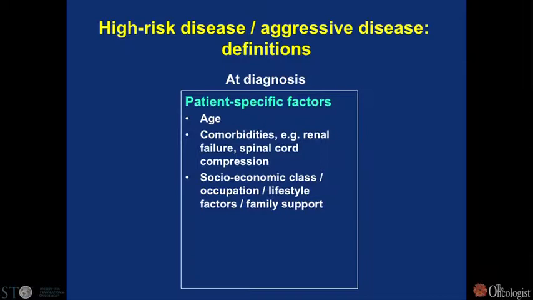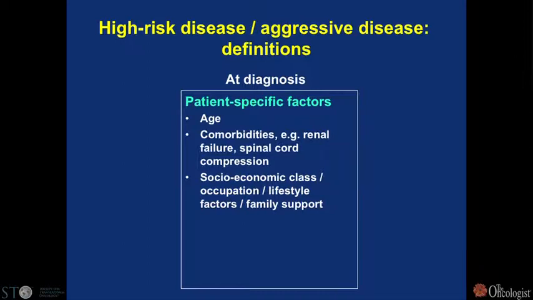So age is a definite risk factor. In addition, you may look at performance status, which is a risk factor. Excellent performance status is always associated with better outcome. And comorbidities are risk factors. And when you look at comorbidities in more detail, you should mention renal impairment.